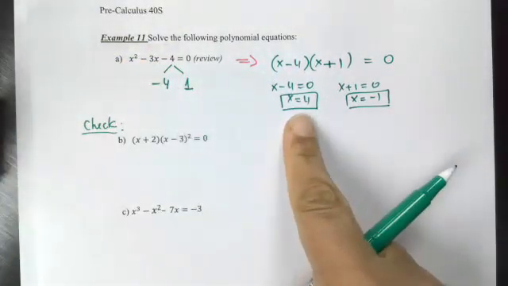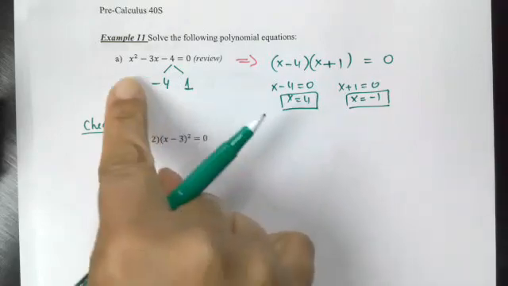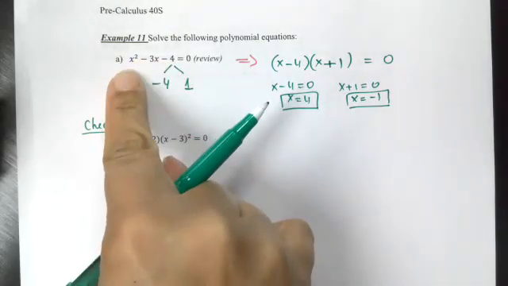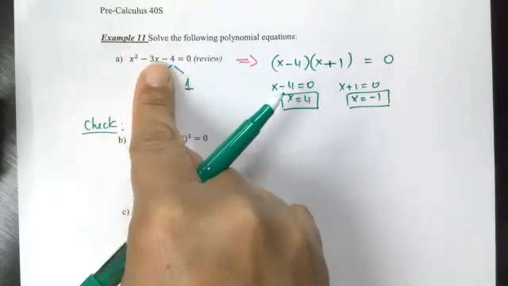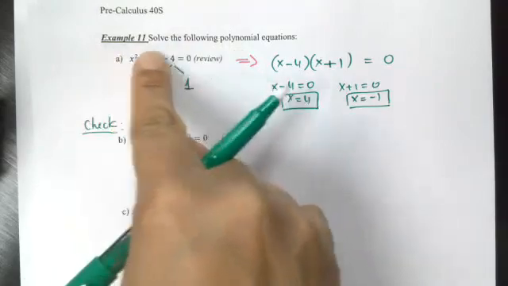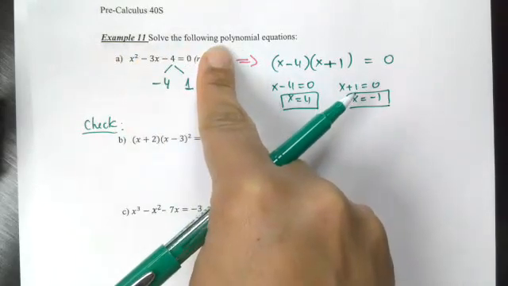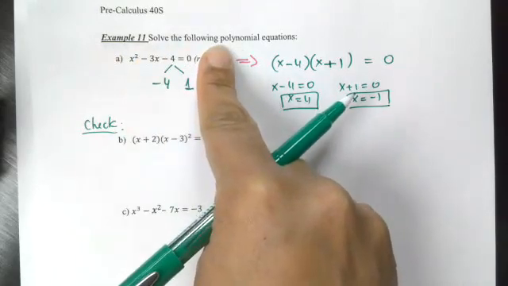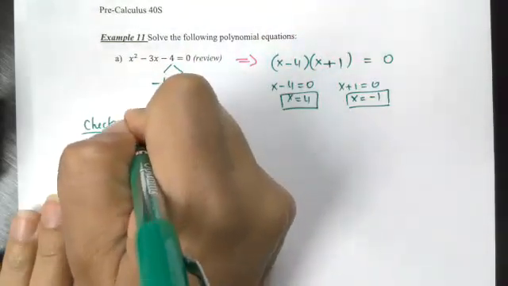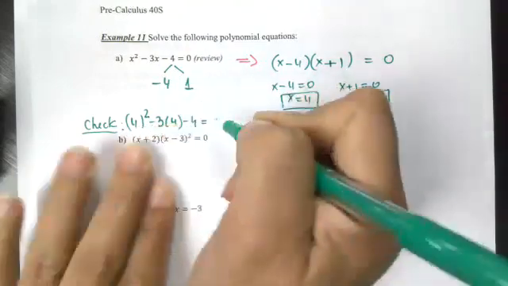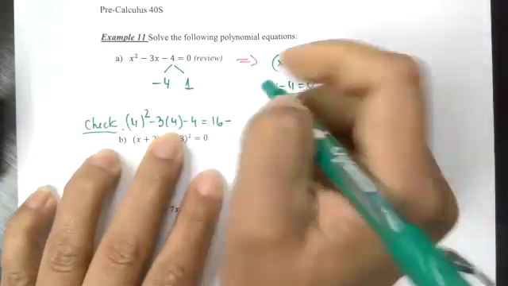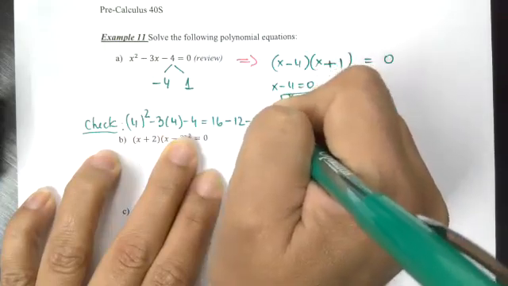But does it mean that x = 4 is a solution? That means if I put 4 here in every one of the x's, and I calculate with those 4's in there, I should get equal to 0. Because that's what I started with. It should be equal to 0 if I found the solution. So let's check. 4² - 3 times 4 - 4 = 16 - 12 - 4 = 0.